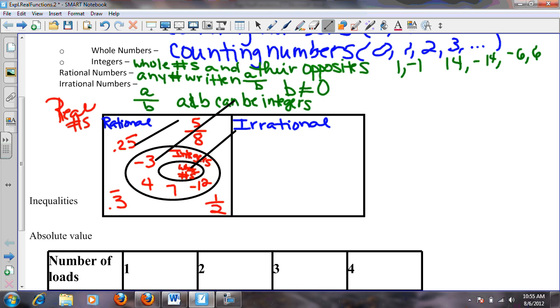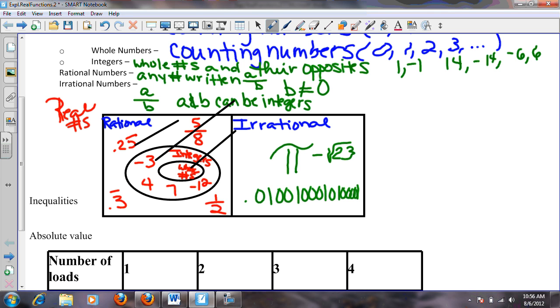Irrational numbers. Very famous one, pi. There are other examples. In irrational numbers, decimals do not repeat.